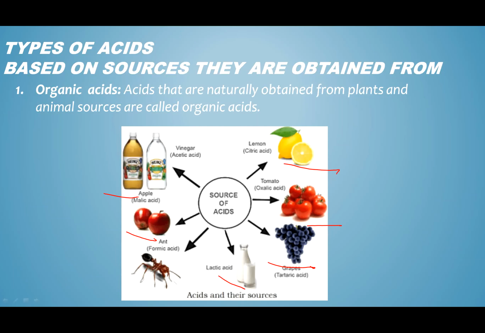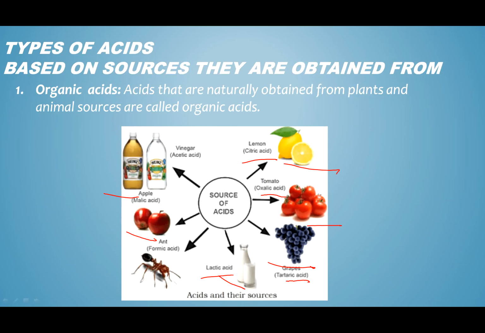All these are natural sources, so the name given is organic acids. You can see the names of all these acids are different. All the acids are not the same as they have different chemical structures. So the names are different, but their nature is the same. They all taste sour and they are corrosive in nature.